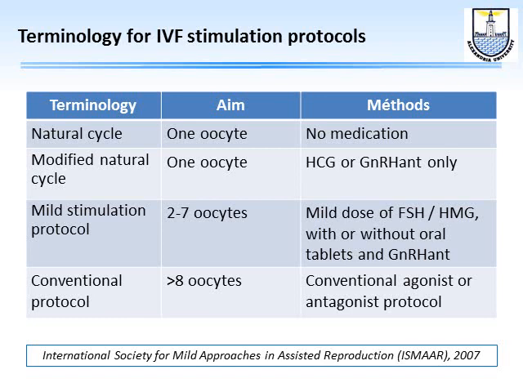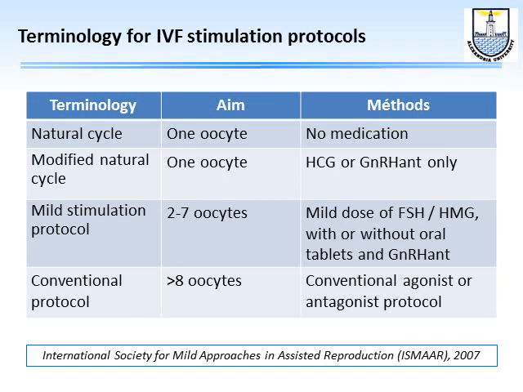But the second entity is the modified natural cycle, which means that you don't give stimulation, but you measure your LH, and then you may like to give something to trigger the ovulation. So you would give the HCG, or sometimes people give the GnRH for stimulation, or you may like to give an antagonist in order to prevent any possibility of an LH rise.